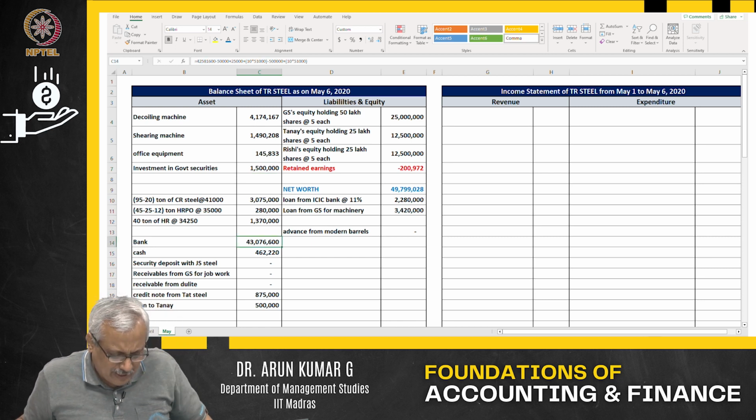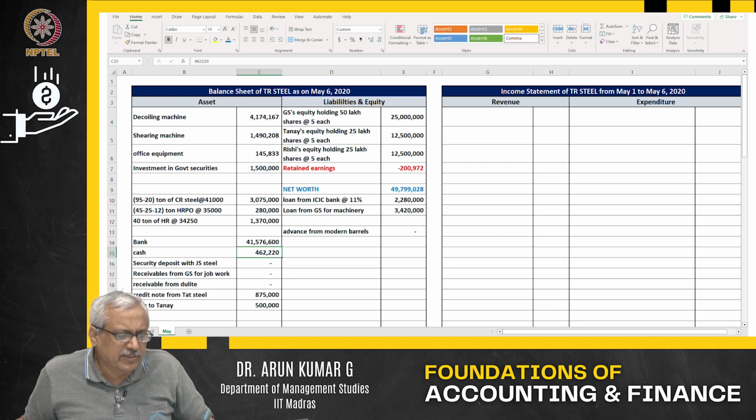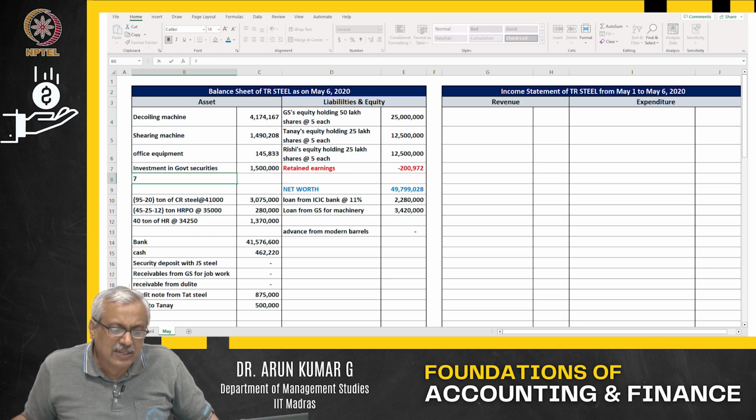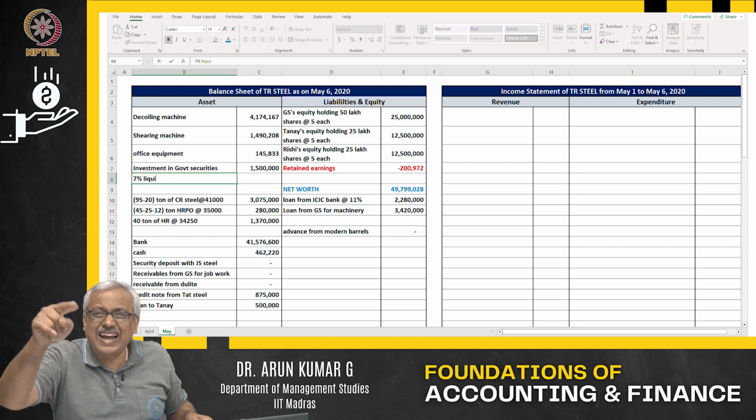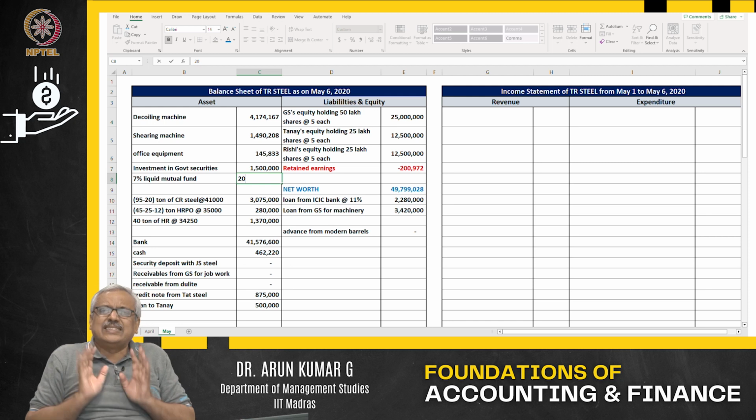But there is one more aspect which I have missed in this case. You see this, on 15th you have made 2 investments and both have an interest of 7%, and as of 30th, what has happened? For 15 days there is an accrued interest. Interest has accrued. You have earned interest, but you have not received it.